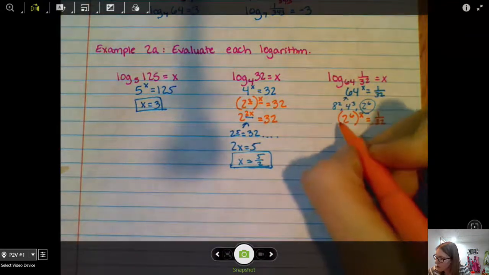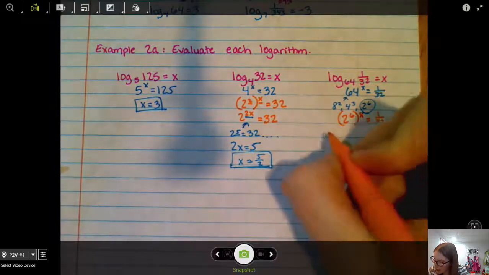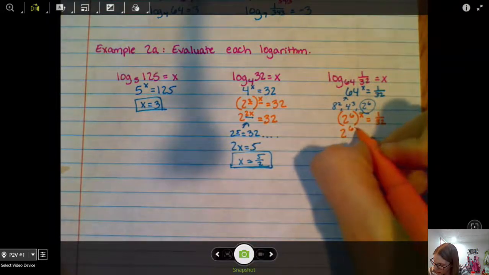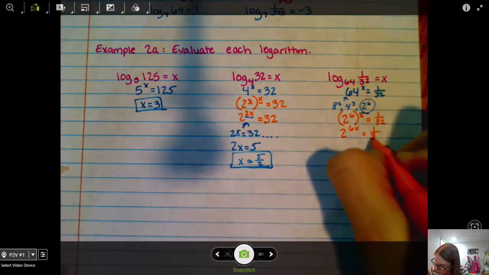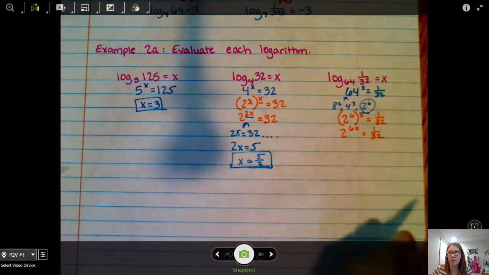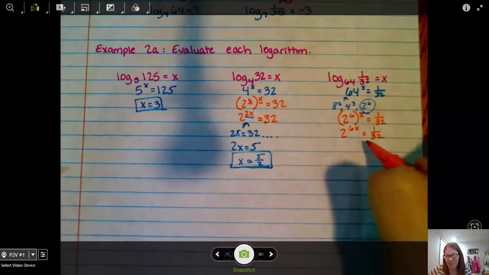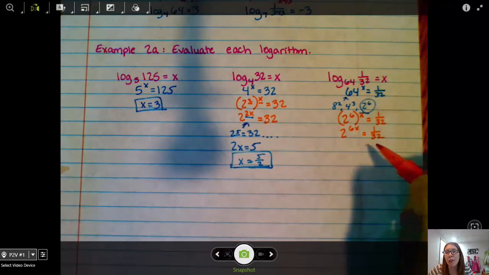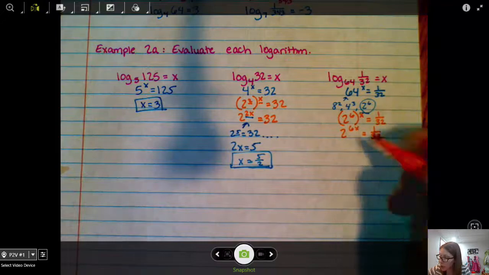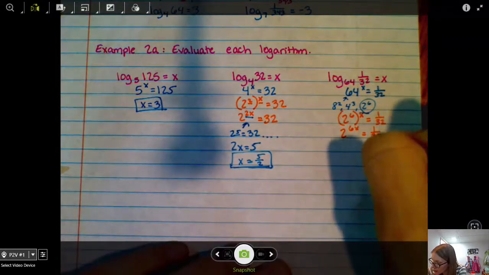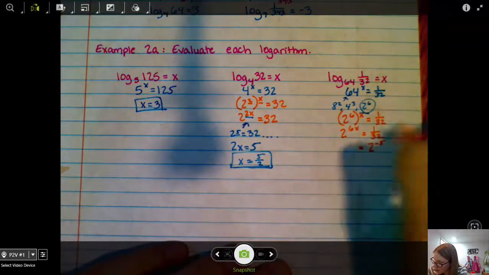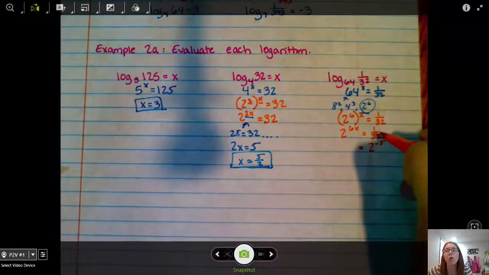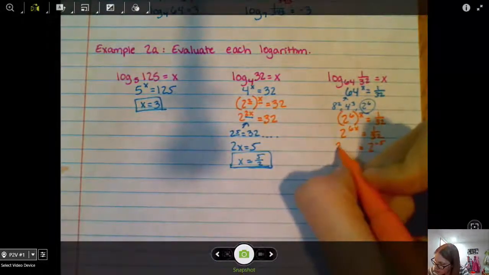All right. So then 2 to the 6th power to the x is really 2 to the 6x power. And while I'm here, let's think for a second, how on earth are we going to write 1 over 32 as 2 to a power? Well, 2 to the 5th power is 32. So that means 2 to the negative 5th power would equal 1 over 32.